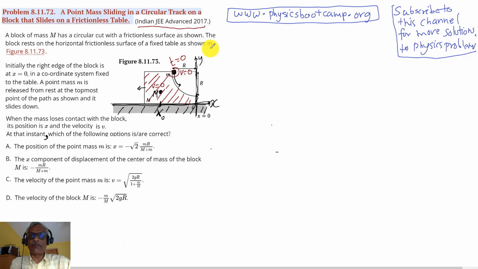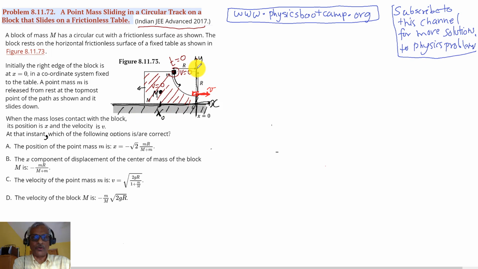Let's take a different color here. It's over here, and it's going to come out horizontally with speed v. At that time, this entire structure would have moved because this wedge underneath has moved.